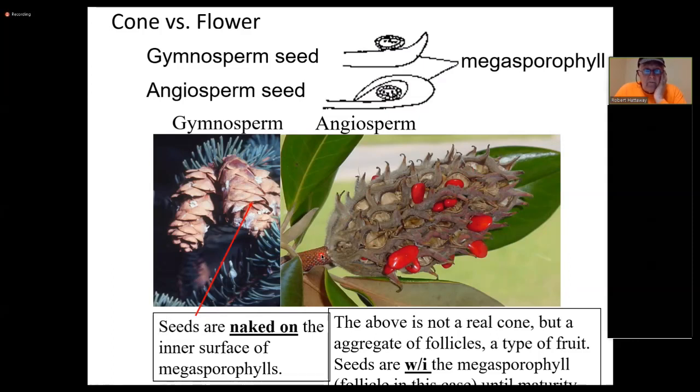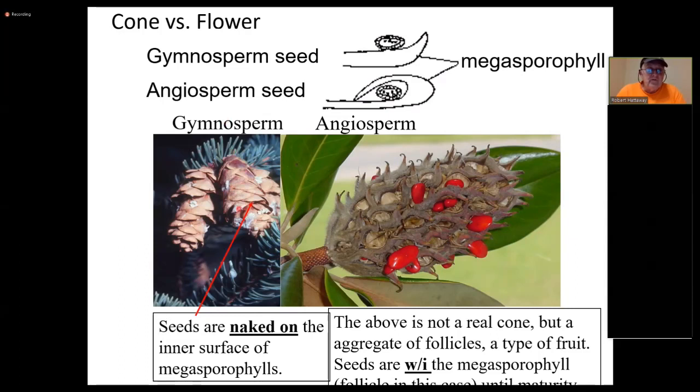If you look down here, you see the scars where the stamens fell off, and even the petals, or what we call tepals in this case, because you can't tell sepals from petals very well, fell off. To visualize this cone over here, you'd have to turn it upside down, or turn it like a fir. In a fir, the cones point up, and in a spruce, the cones point down.